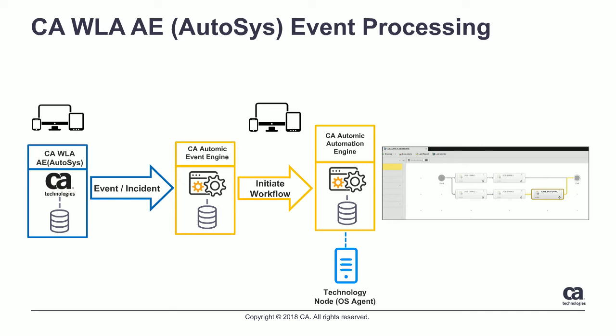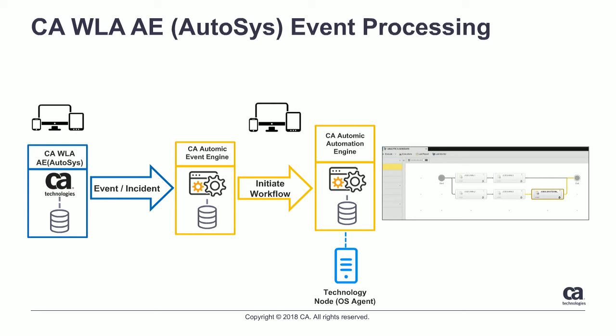And then in the AutoSys config file, you go in and configure and turn that on. So you say, yes, I want AutoSys to forward its events to the automation, so a 1 or 0 flag for that parameter. And then I define the REST URL for the event engine where those events are going to come into. And once I've done that and I turn that on, then those events will flow into the event engine.